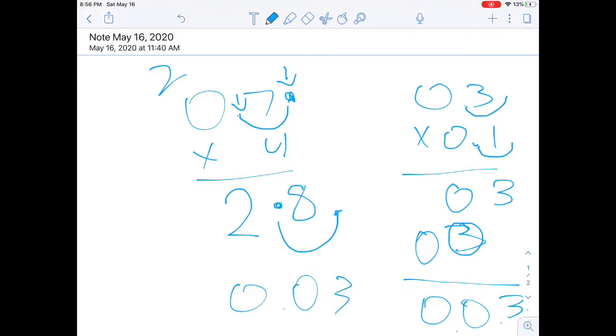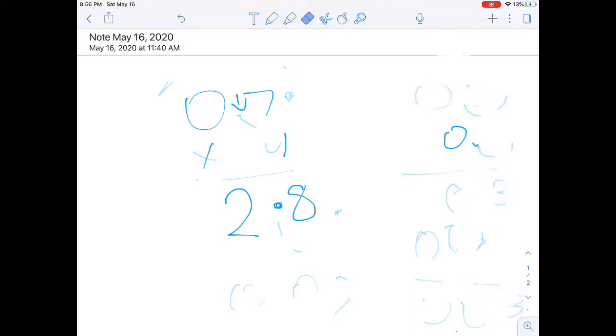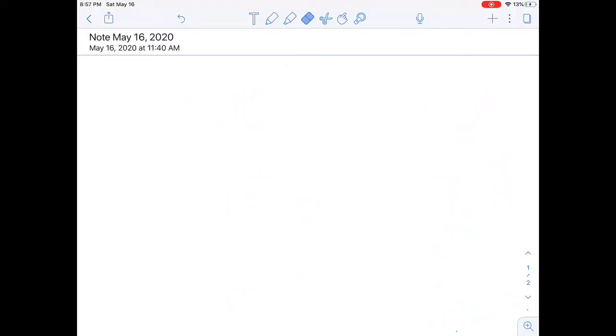Now, why don't we try dividing decimals? So, for example, 0.9 divided by 3.